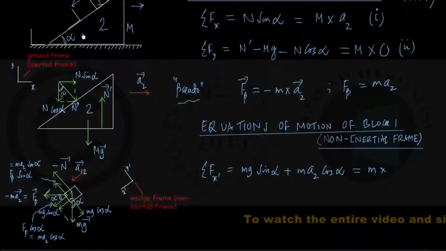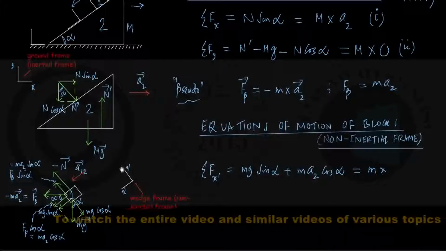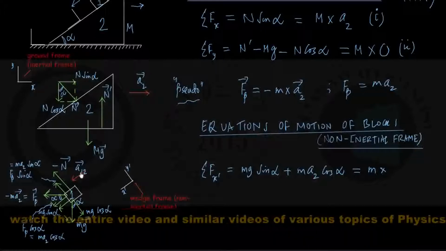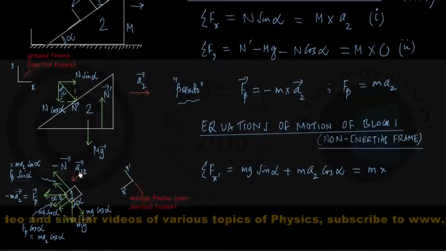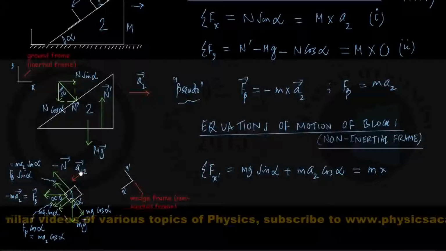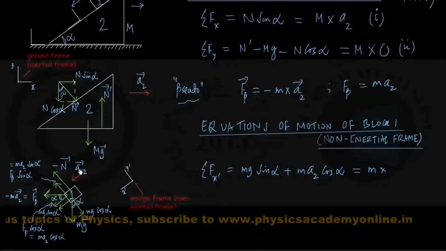And that is exactly what we are doing here, because since the x dash y dash frame is attached to the wedge, that's why we can see the block's acceleration down the inclined face, that is the x dash axis, is nothing but the acceleration relative of the block 1 with respect to wedge 2. So the symbol is somewhat different.